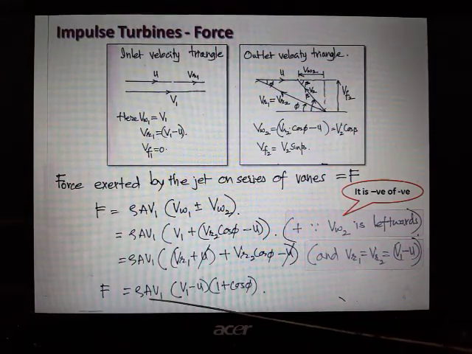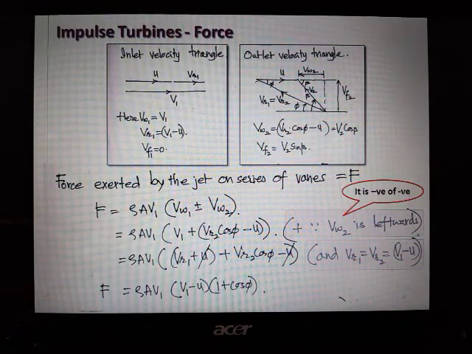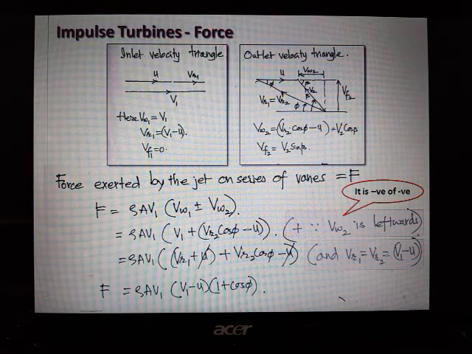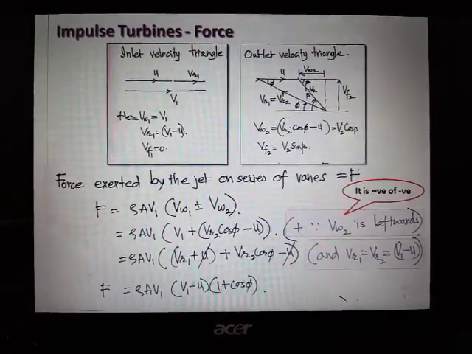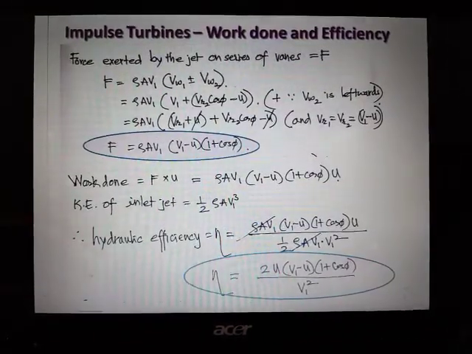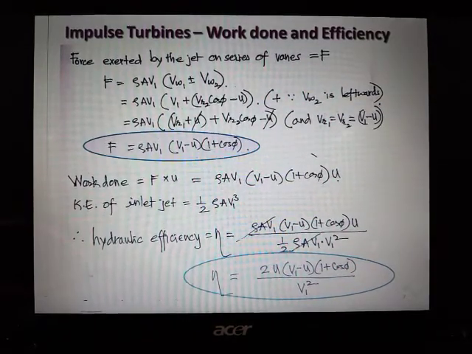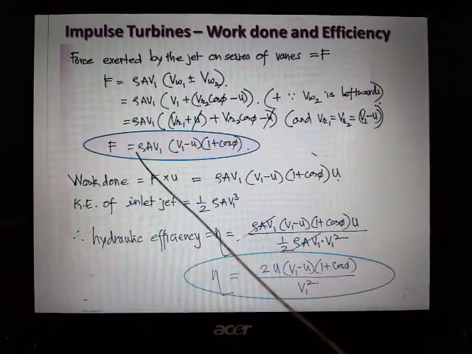So the force exerted becomes rho a v1 into v1 minus u into bracket 1 plus cos phi. So the force exerted is that much.